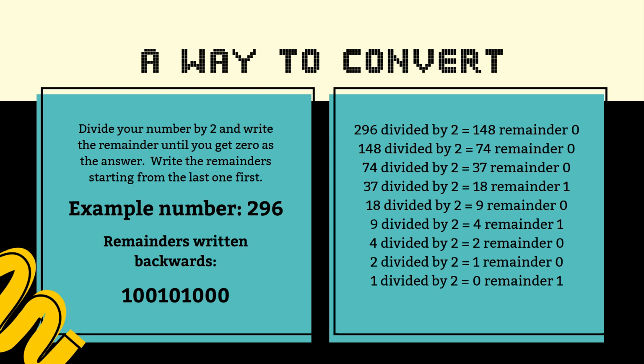Eventually, we get down to the smallest possible number and we end up with a final quotient and a final remainder. So now, if we take the list of remainders and reverse the order, we get 296 converted to its binary form, which is 100101000.